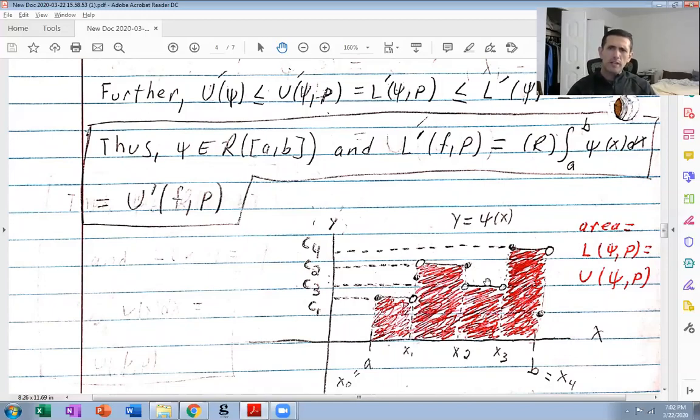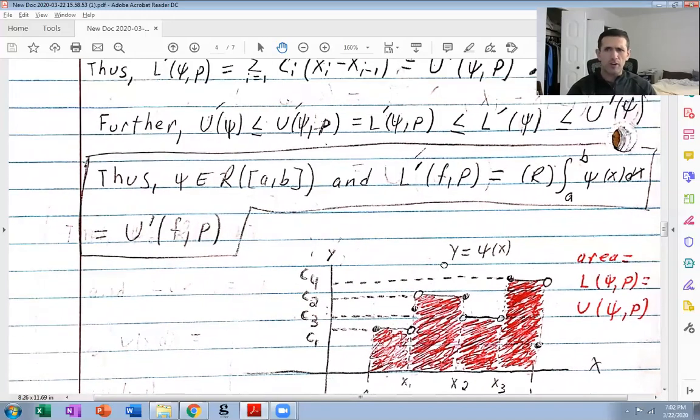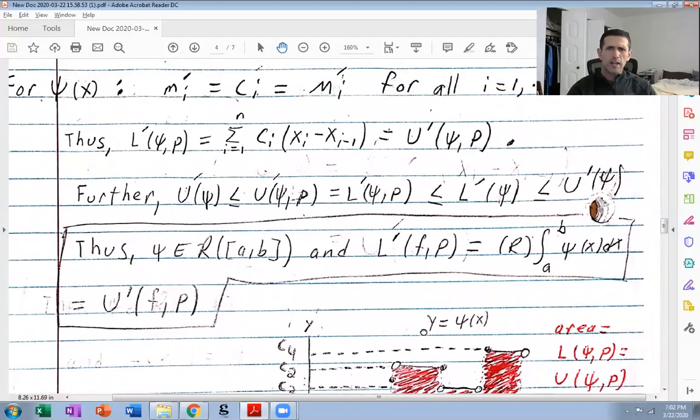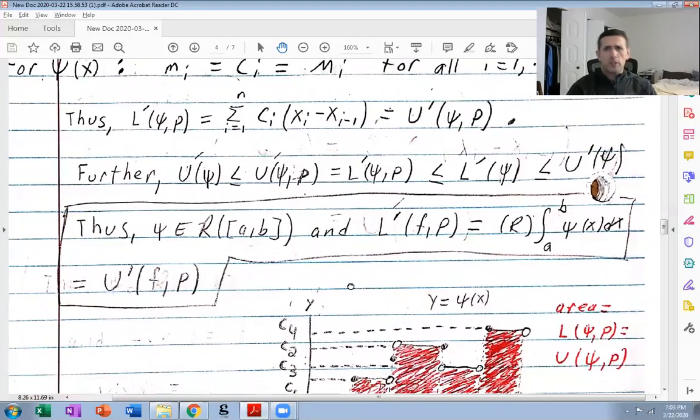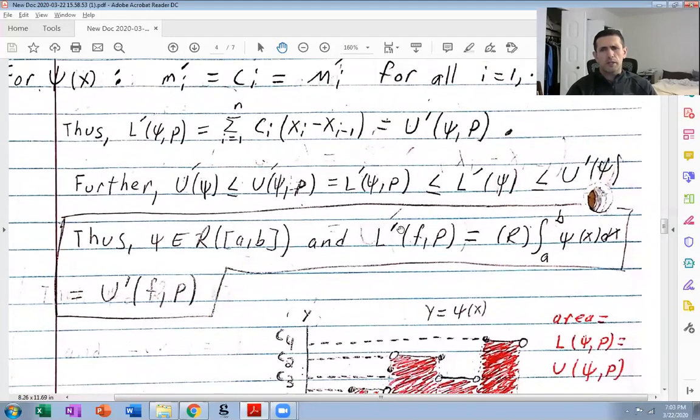And you'll notice that the red area here, the sum of the areas of these red rectangles, is exactly this sum here when n equals 4. Okay. Which is going to be this lower modified Riemann sum and this upper modified Riemann sum.